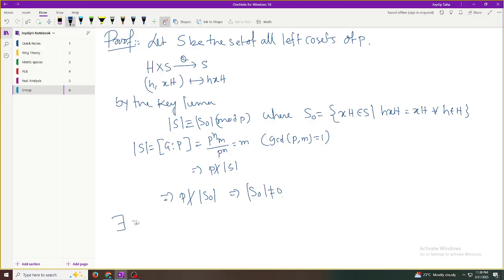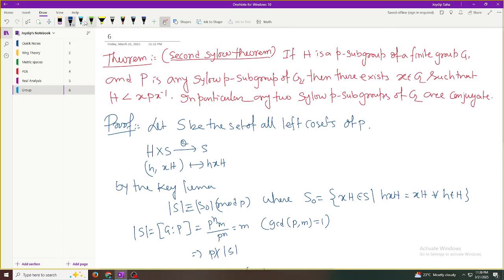So there exists X. Oh, I should write XP, right? S is your left coset of P, right? So I should write XP, left coset of P. So I should write here all are XP.